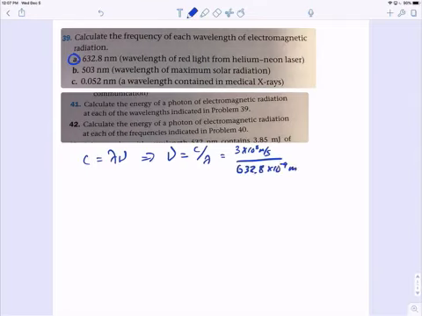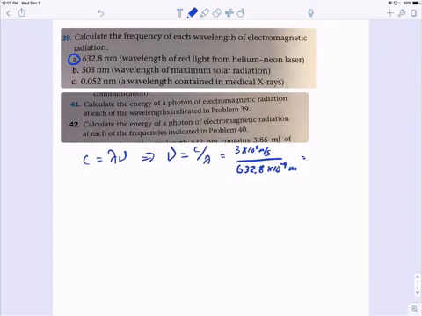3E8 divided by 632.8E minus 9. And this is 4.74 times 10 to the 14 hertz.